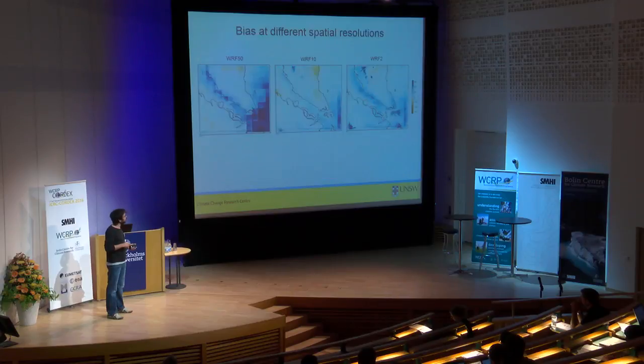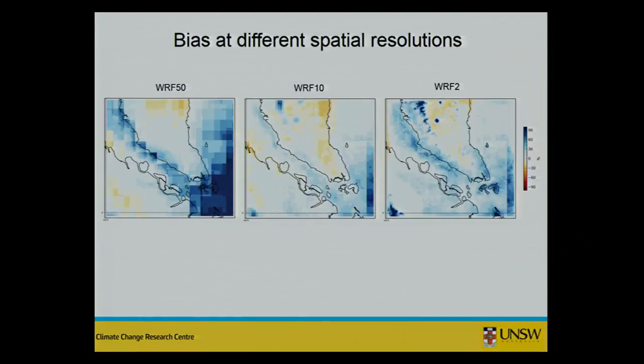If we look at the 2-kilometer, this is over the Malay Peninsula, where Kuala Lumpur is located. We see that there is a significant improvement in the mean bias over this area, especially over the ocean. But over the wider domain at 2 kilometers, there doesn't seem to be a big improvement. There's actually some overestimation of the mountainous areas.